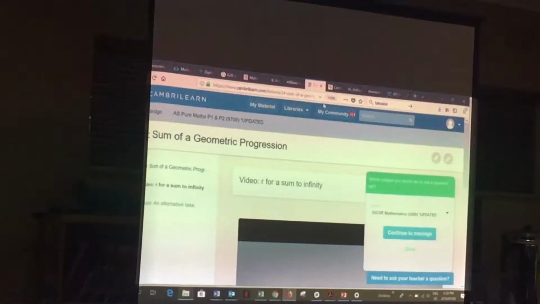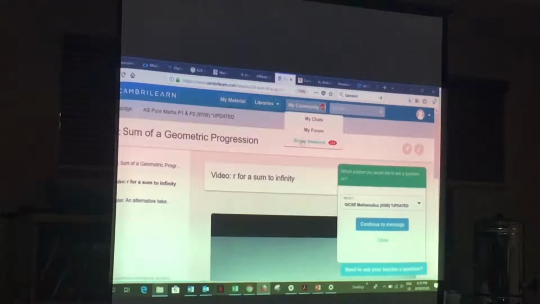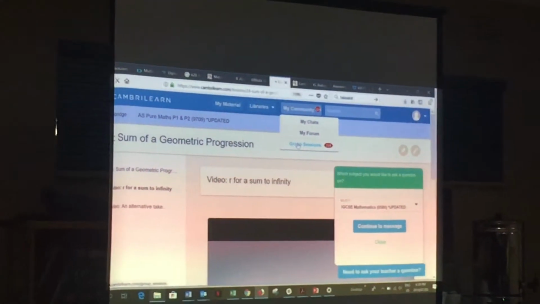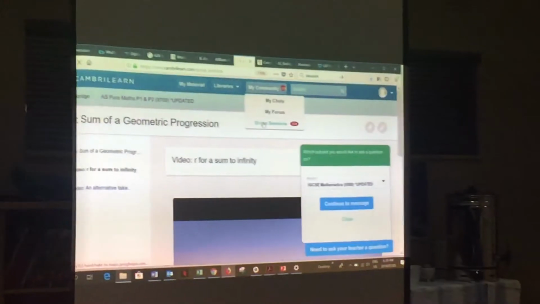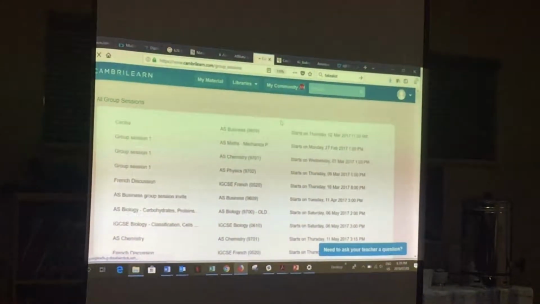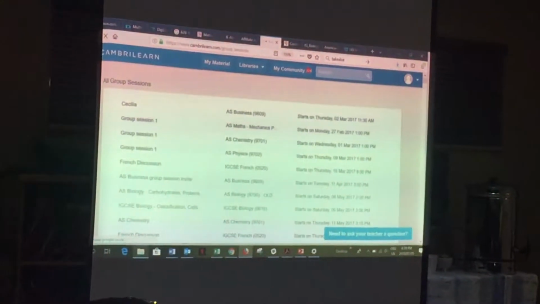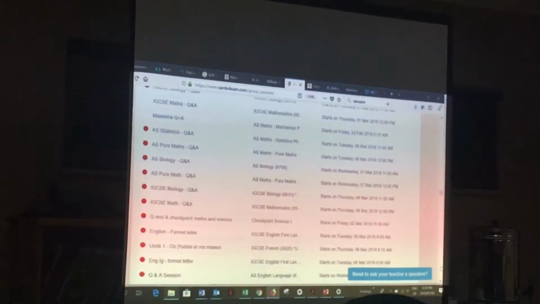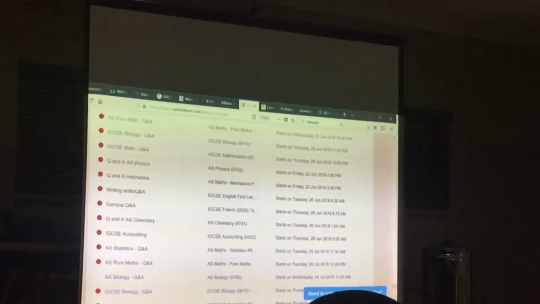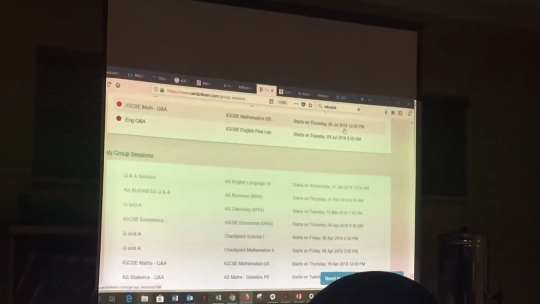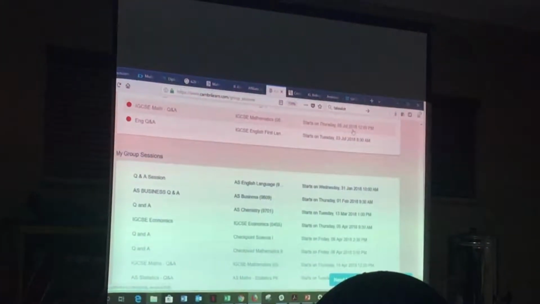Then you also get group classes that you can attend. So online learning means live learning, as in you get your teacher live on screen. Okay, so here's a list of all the classes that are open for attending. And the way you reserve a seat at the class is you book your space. So for example, there was a class today at 12.